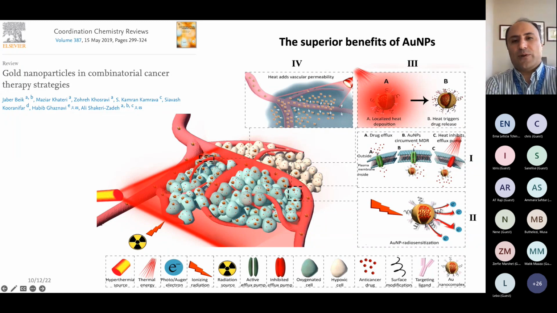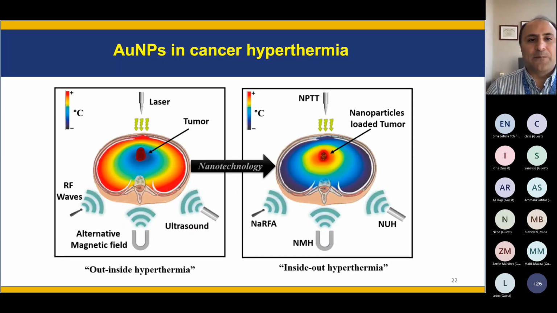We can use targeted gold nanoparticles in cancer radiotherapy, and also to target chemotherapeutics toward cancer cells. We can use them in immunotherapy, photothermal therapy, and in this article, we have reviewed all the options that we have with gold nanoparticles.